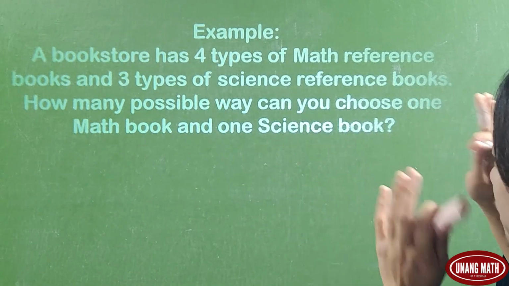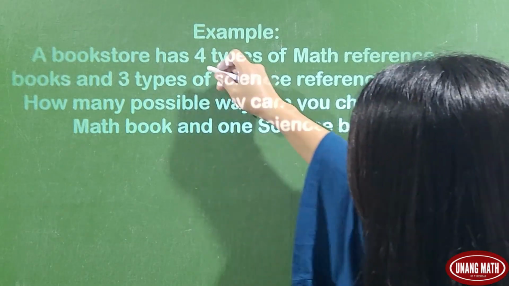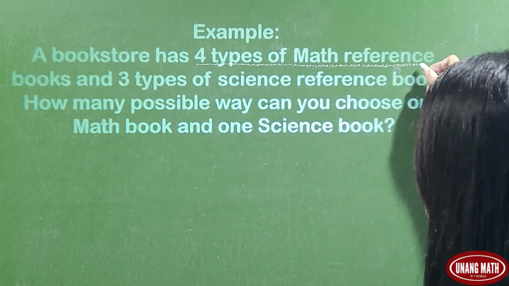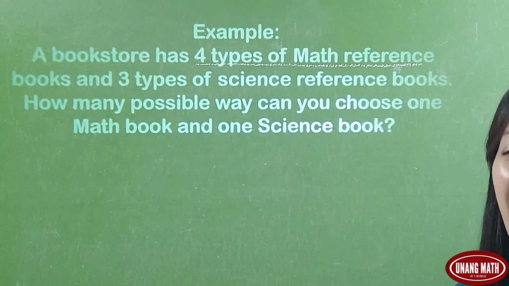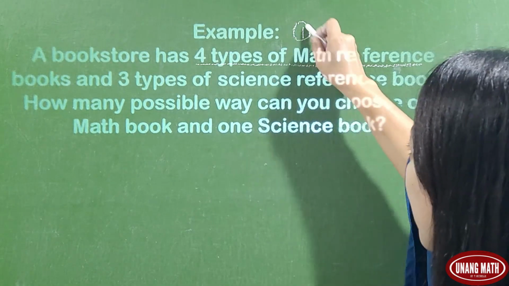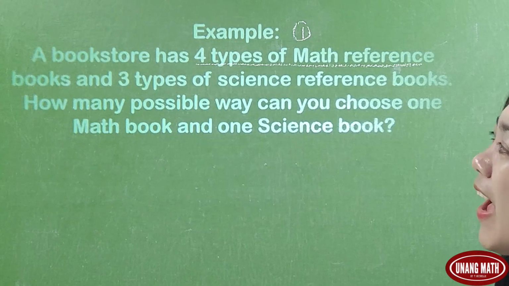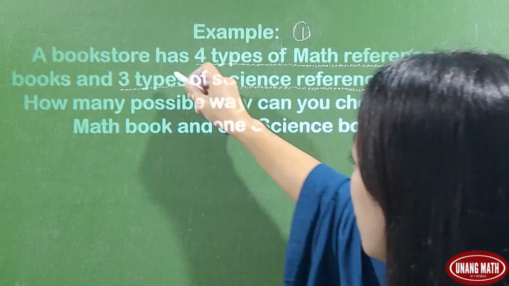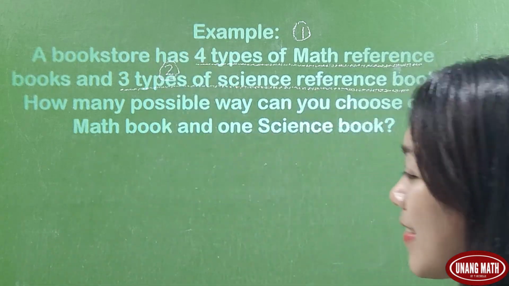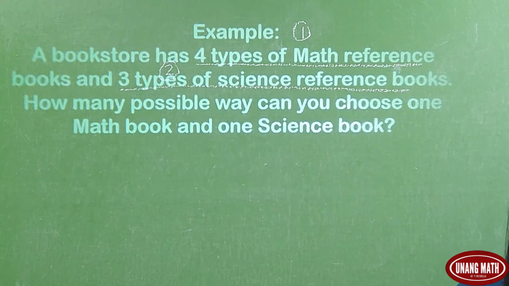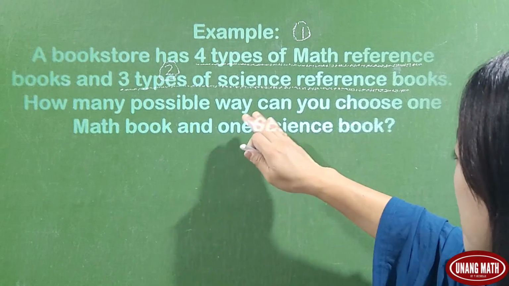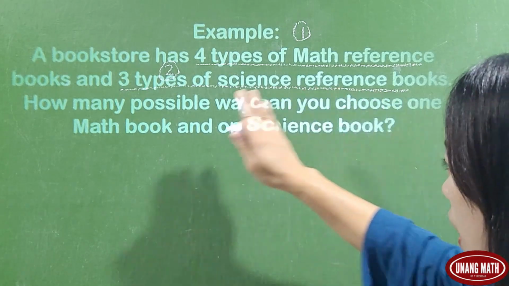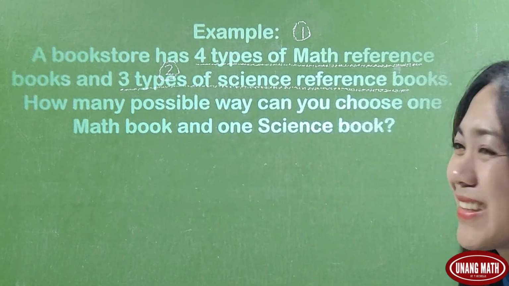In this problem, 4 types of math reference books is our first event. 3 types of science reference books is our second event. So to find out how many possible ways can we choose one math book and one science book?